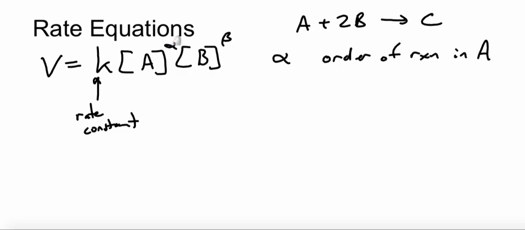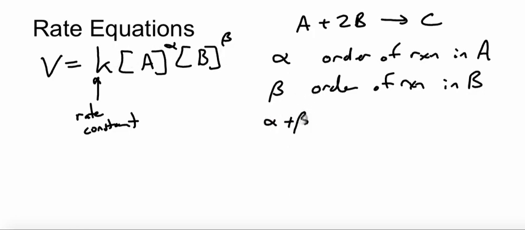Usually it's an integer, but it doesn't have to be. Beta is the order of the reaction in B, and we could have more variables in here, but in this case let's just have 2. And the sum of all those exponents is called the overall order.